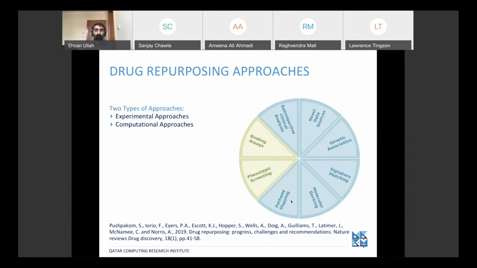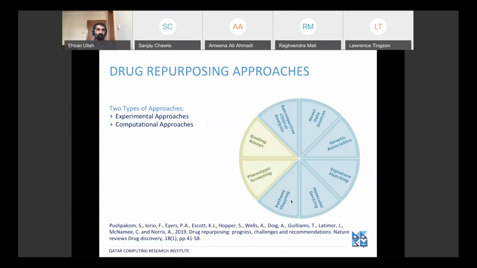In the experimental approaches, phenotypic screening can identify compounds that show disease-relevant effects in the model system without prior knowledge of the target. So again, it follows the classical approach of identifying drugs. Whereas binding assays can identify interactions in terms of binding of a drug to the desired target, which is the modern approach where the target of the disease is well known.